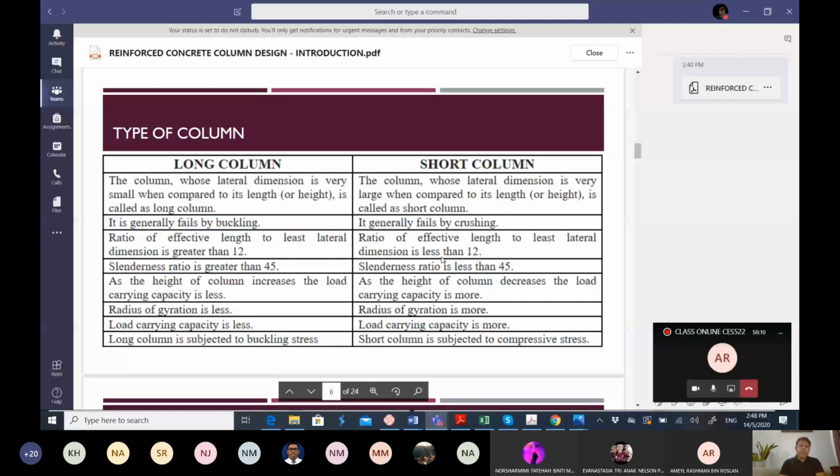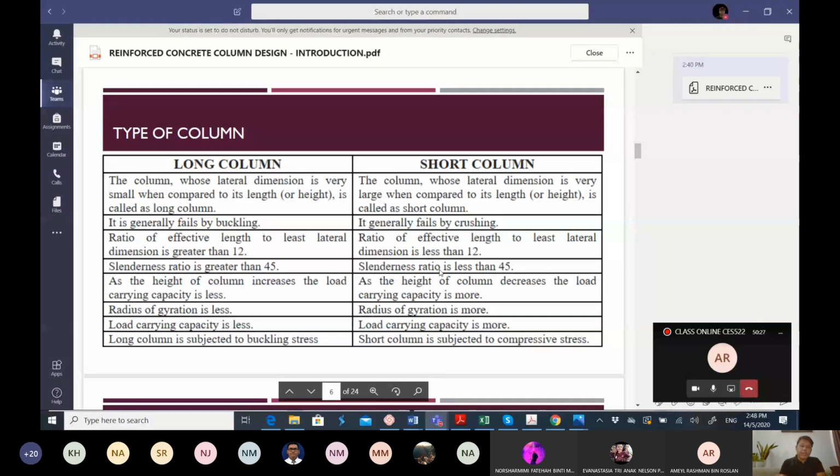So the ratio of the effective length to least lateral dimension is greater than 12 for the long column, but for the short column it is less than 12. So the slenderness ratio is greater than 45, or the slenderness ratio is less than 45. That is the normal slenderness ratio that we use for the long column or short column.